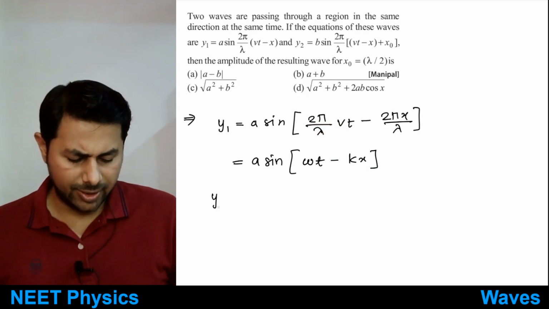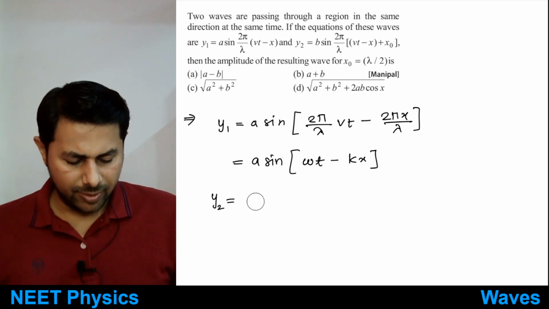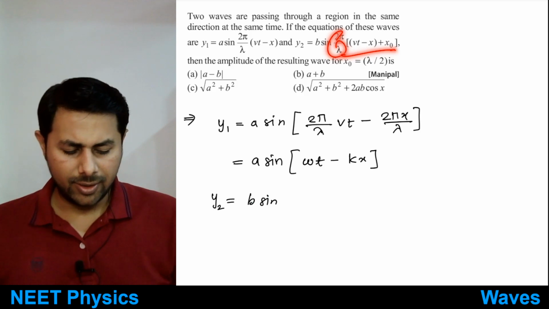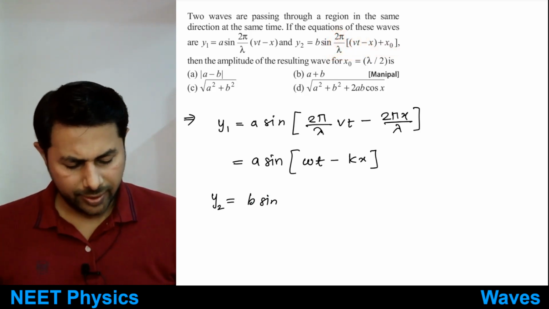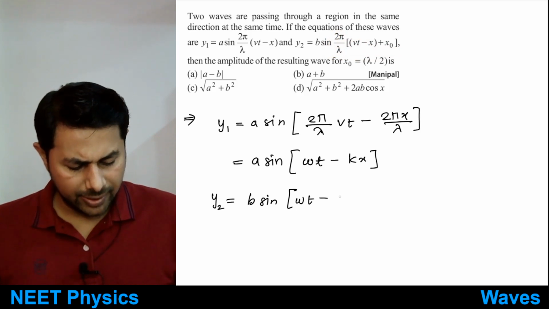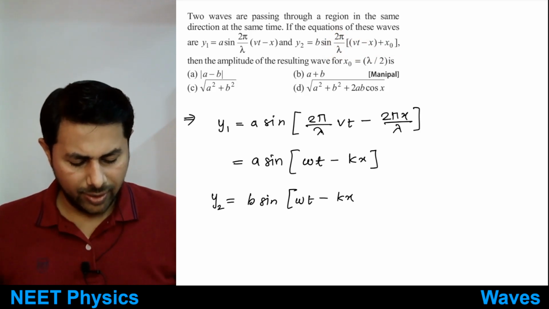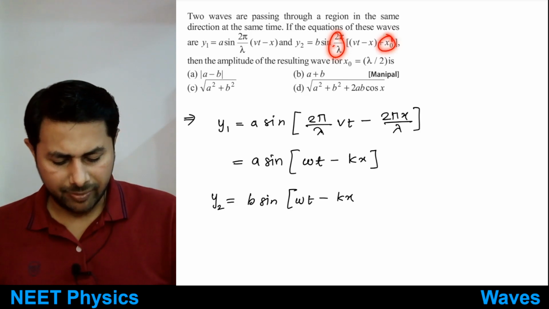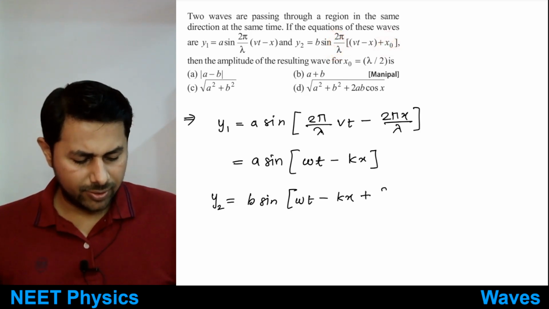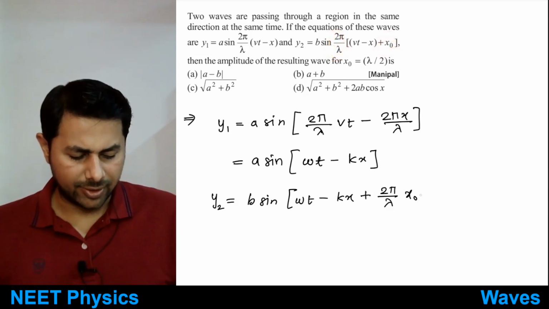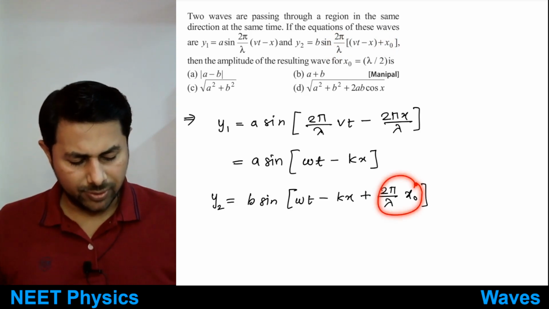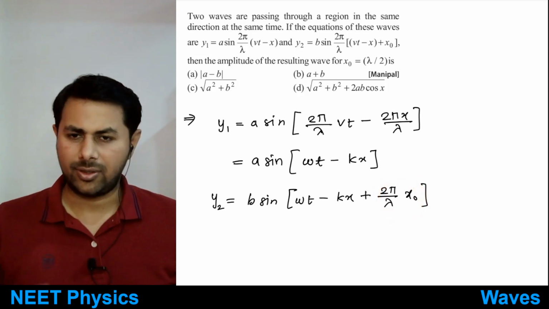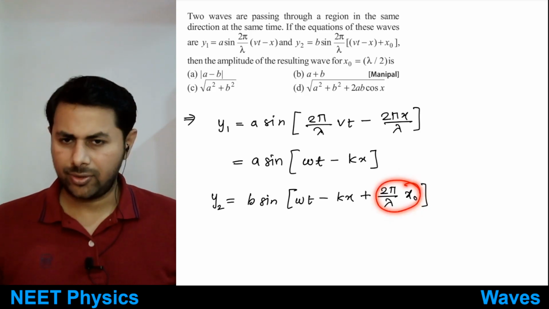Similarly, y2 is equal to b sine of omega t minus kx plus 2 pi by lambda times x naught. So the phase difference between these two is 2 pi x naught by lambda.